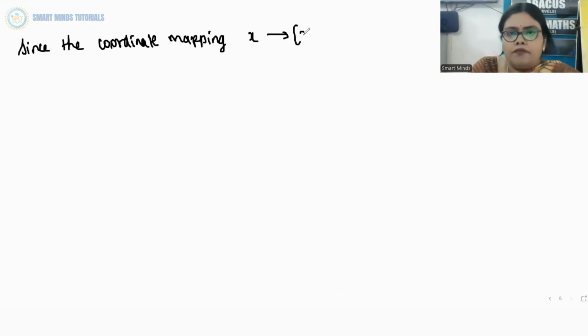Now let us see, since the coordinate mapping x tends to x beta is an isomorphism. What does that mean?